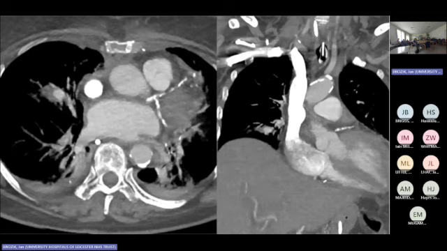Can you tell from those two slices? It's hard. So it's this, yeah. There's an enhancement, and it's actually a pseudo-aneurysm of the branch of the pulmonary artery.